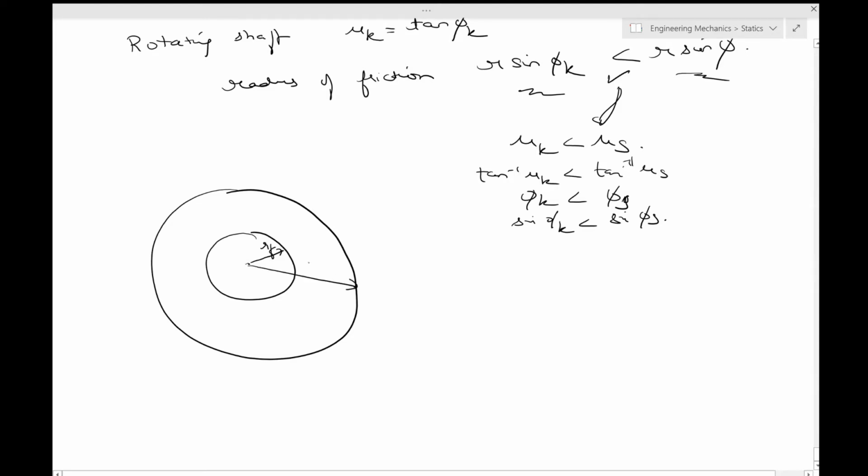This is the R. Rf, as you know, is the friction circle or the radius of friction. Then theta, and this is phi.